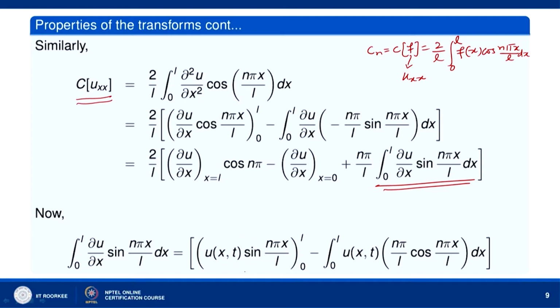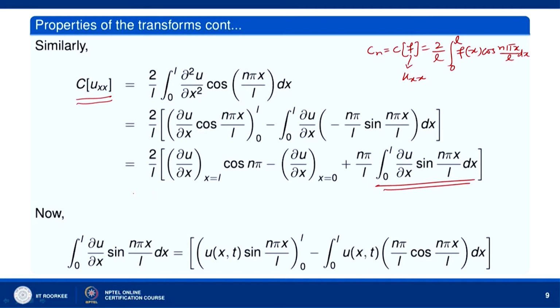So, this part becomes 0, and what we get here is minus n pi over L times the integral from 0 to L of u_x(x,t) cos(n pi x over L) dx, which can be related to the finite cosine transform of u.